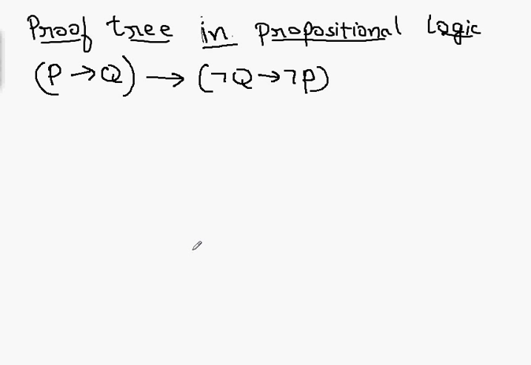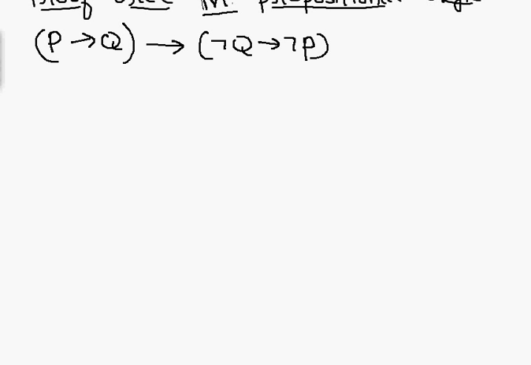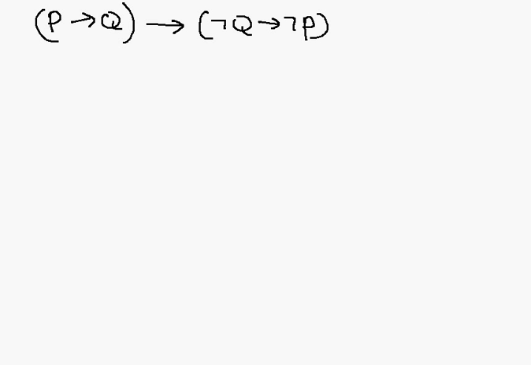A proof tree we create from down. We consider the given formula initially as false.